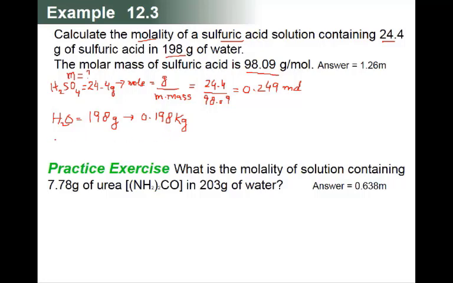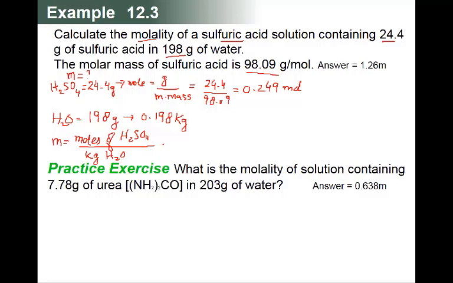Because our formula is molality equal to moles of the solute, here the solute is H2SO4, divided by kilogram of water.